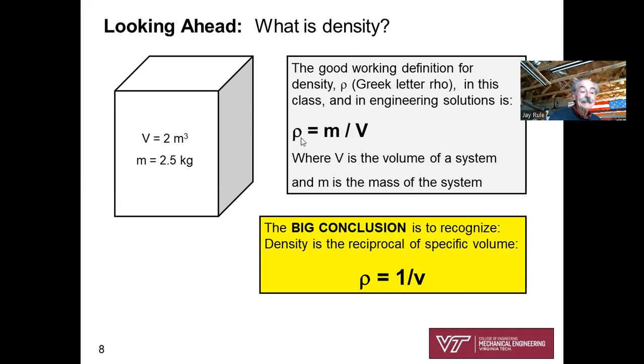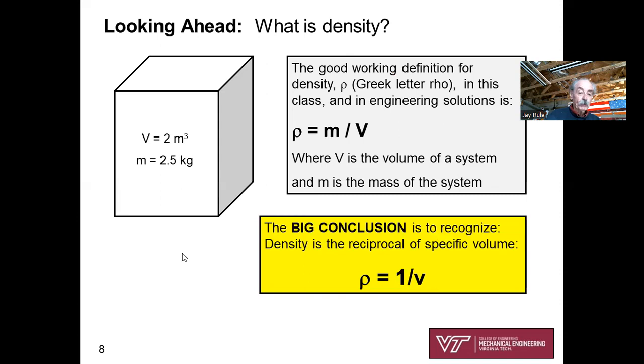Okay, that's what density is. You already have a physical feel for that, I hope. So the big conclusion is to recognize that density is the reciprocal of specific volume. So rho is equal to 1 over little v.